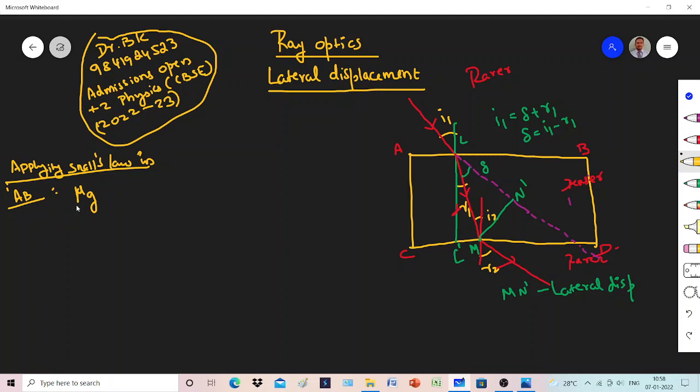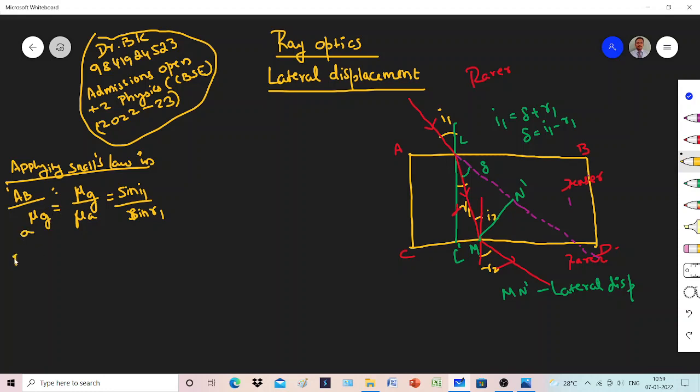Refractive index of the second medium to the refractive index of first medium is equal to sin I1 by sin R1. So we call this mu, refractive index of glass with respect to air.